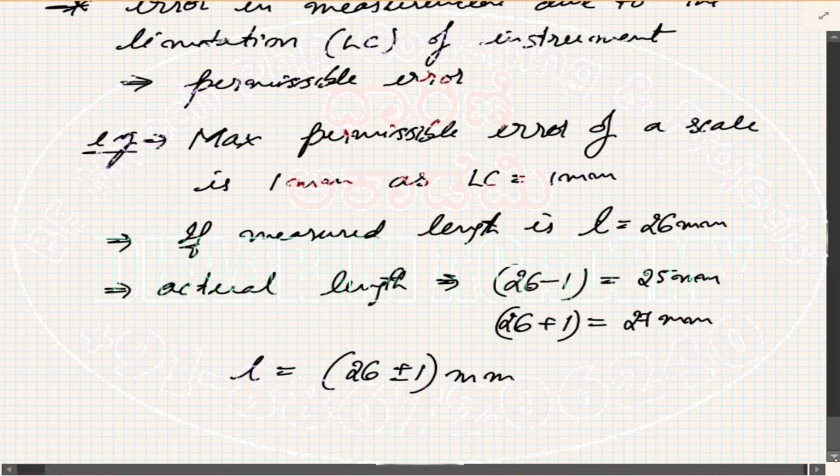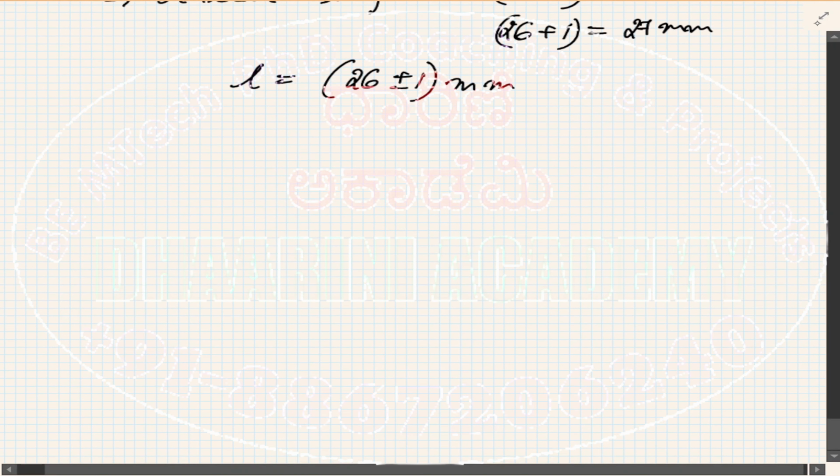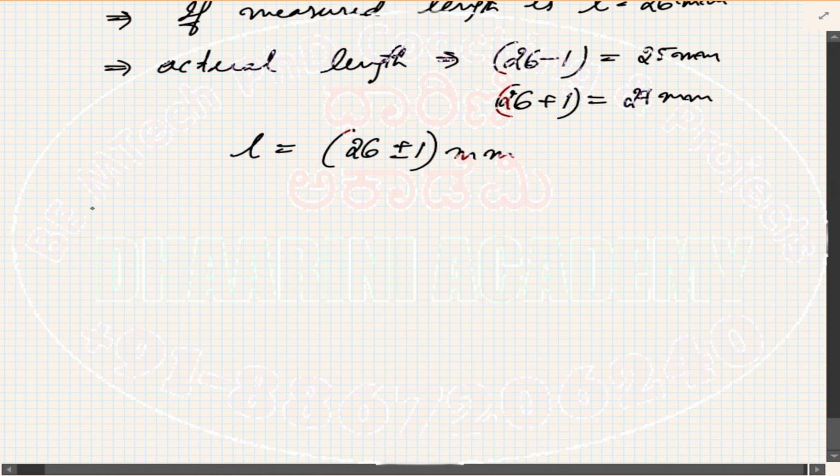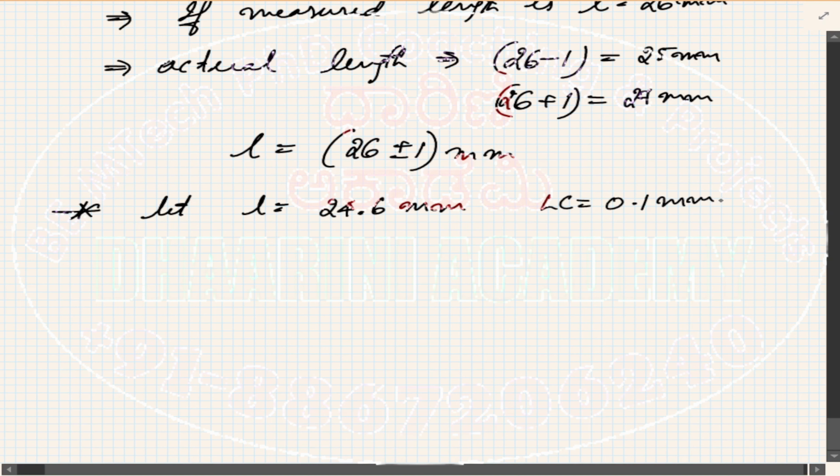All right, let's take another example. Let's say there is a device which is used to measure length. Let L be 24.6 millimeters. This is the measured length, and the least count of that particular device, let us say, is 0.1 mm. It's a different device. Then what could be the range of the actual L?